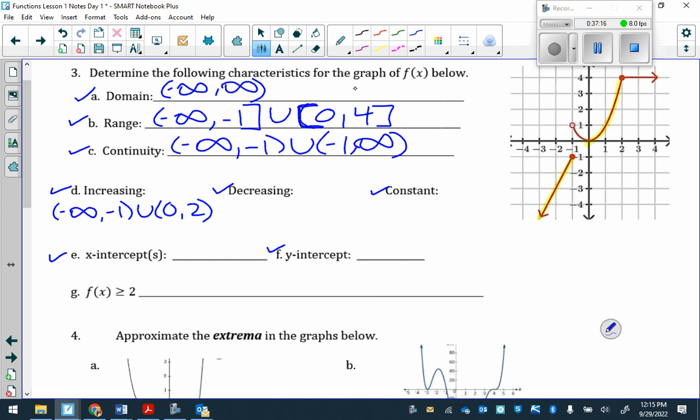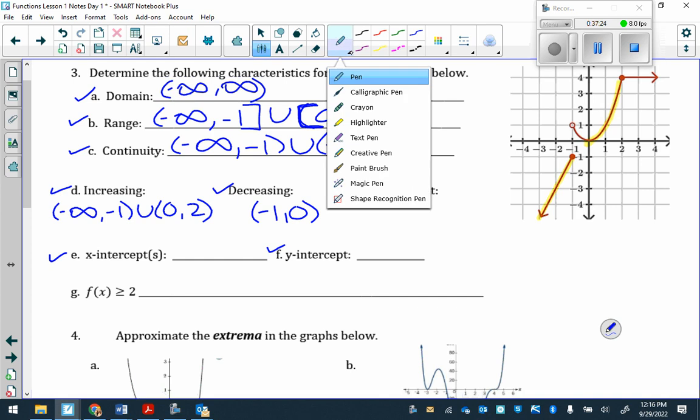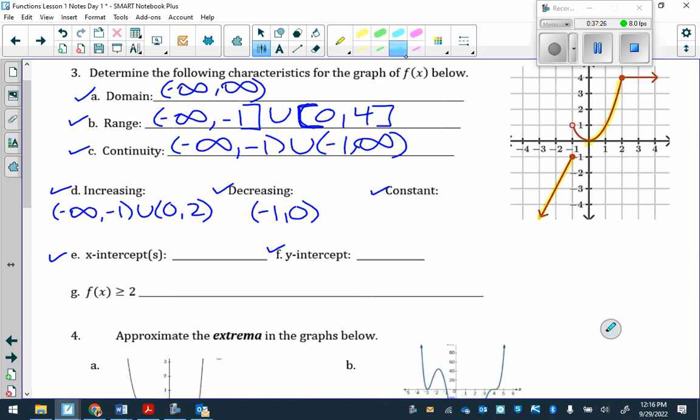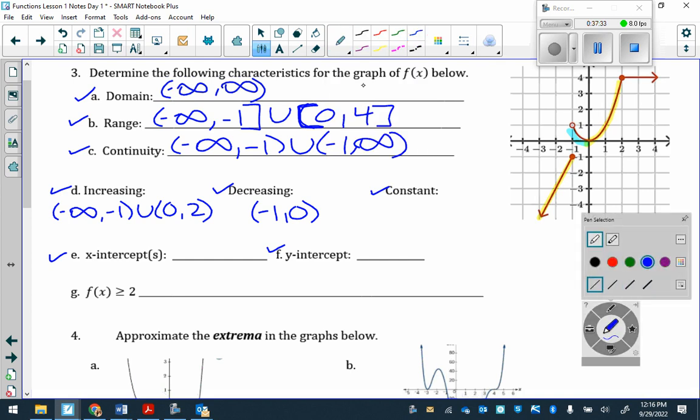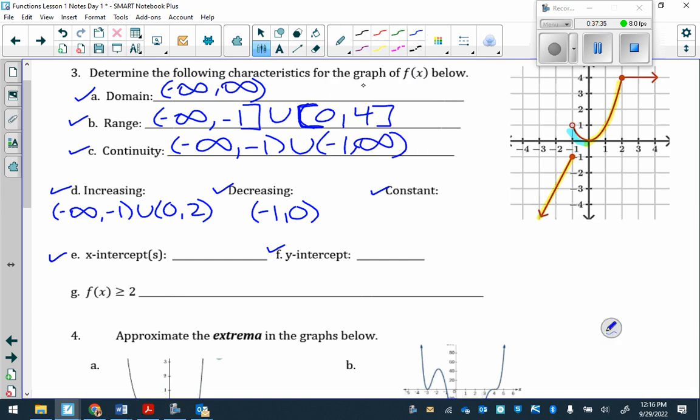Where are we decreasing? Yeah, Isabel. Excellent. Negative 1 to 0. We are decreasing right there. And last but not least, where are we constant? 2 to infinity, which is this little piece here.